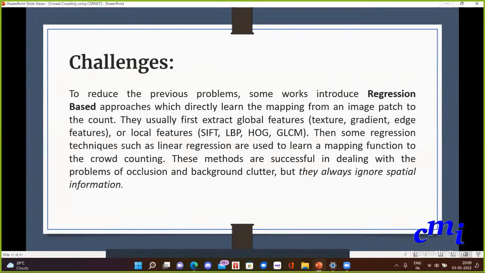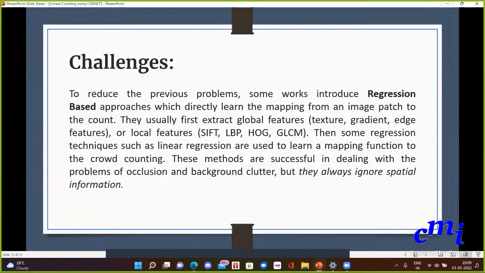And to reduce that problem, regression-based approaches were introduced by some researchers, and it directly learned the mapping from an image patch to the count. So they usually first extract global features like texture, gradient, or edge, or local features using some SIFT, LBP or HOG algorithm.